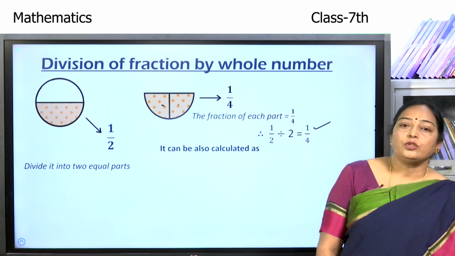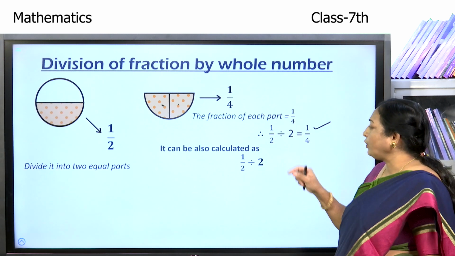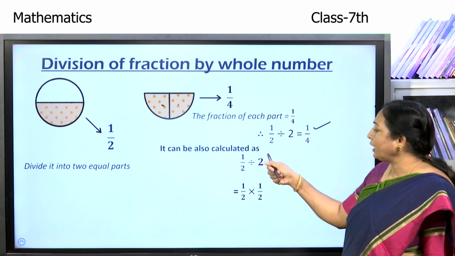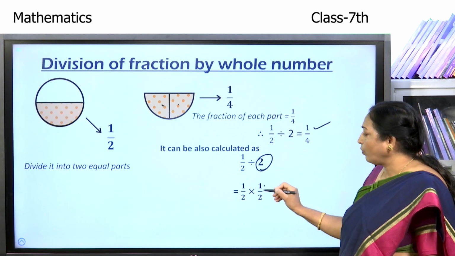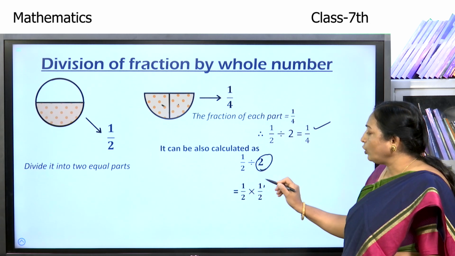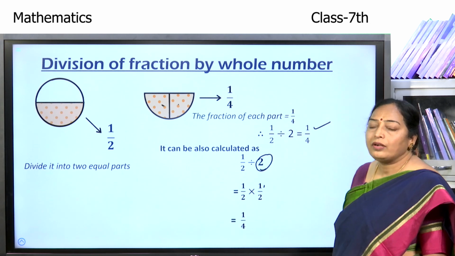It can also be calculated as 1/2 divided by 2, that is 1/2 into the reciprocal of 2, that is 1/2. 1/2 into 1/2, we multiply numerator and numerator, denominator and denominator, and we get 1/4.